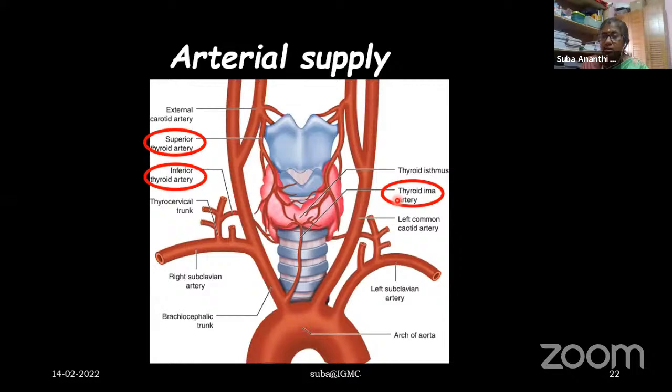Ima means single or unpaired. This thyroidea ima artery, if it is present, can arise from the brachiocephalic trunk or directly from the arch of aorta. Apart from these arteries, we have branches to the trachea and esophageal branches also.